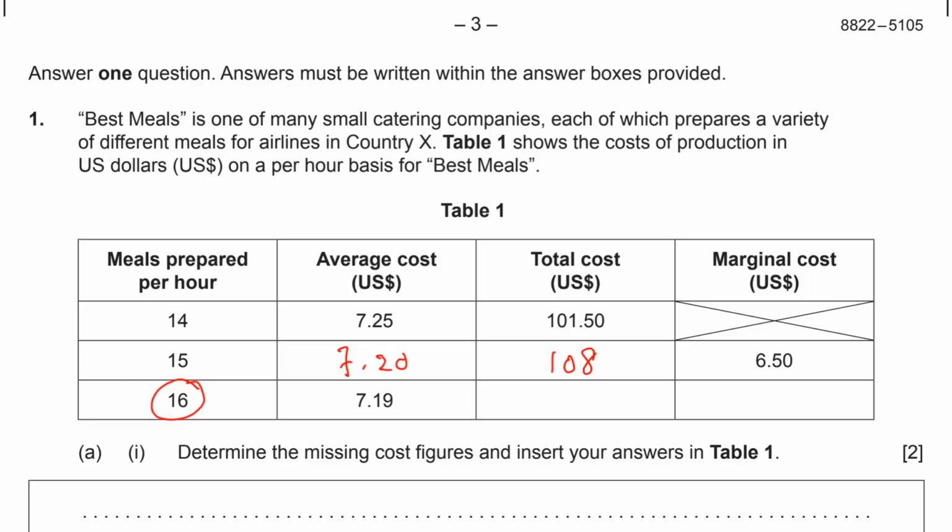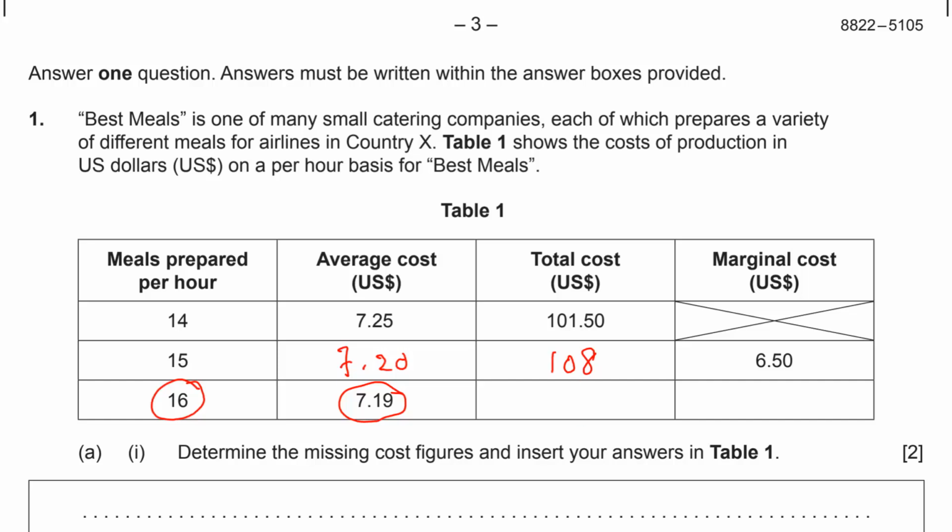Now moving on to the last row, here we're told that if we do 16 meals per hour, that's going to come in at an average cost of $7.19. So each meal is going to cost us $7.19 on average, but we're doing 16 meals. So to figure out the total cost of those 16 meals, we now go the opposite. If I go $7.19 multiplied by 16, that should give me my total cost.